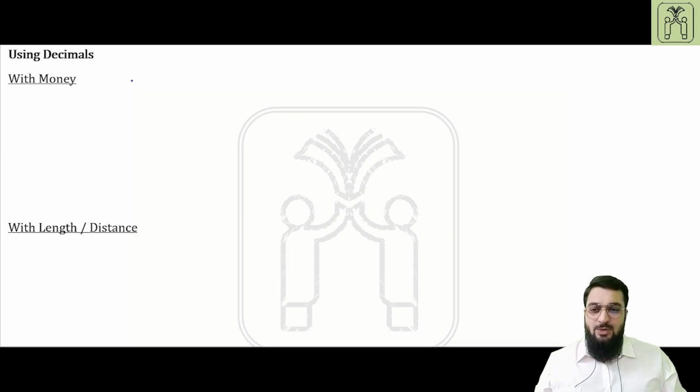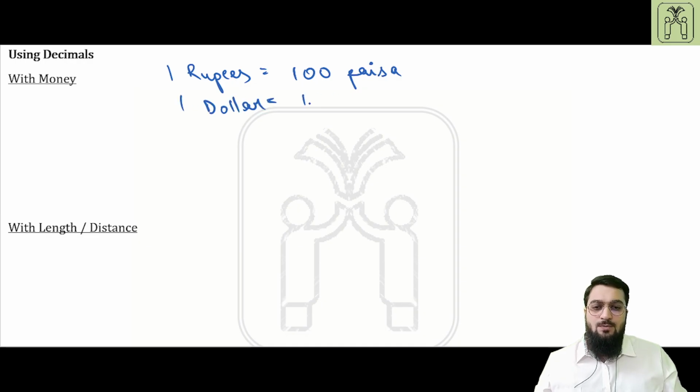First is with money. With money, we can understand that 1 rupee equals 100 paisa. That is the first basic thing which you should know, or $1 is equal to 100 cents.